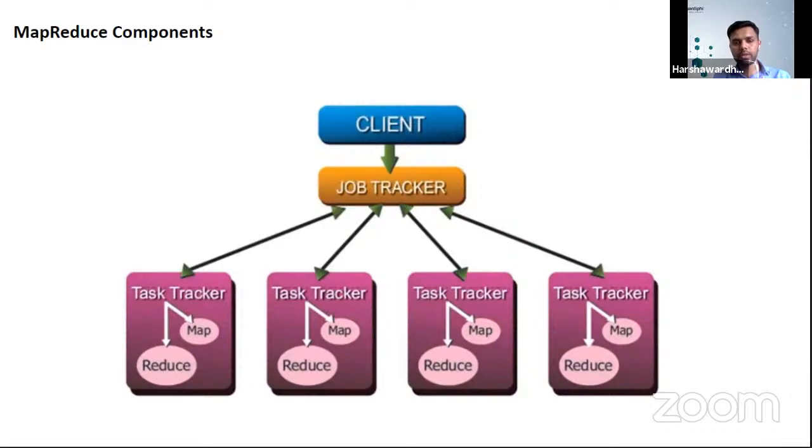What is the location of the job tracker? And where are these task trackers running? One thing you guys have understood is MapReduce is used for processing, right? It is the processing component of Hadoop. Then who is going to process the data actually? Job tracker or task tracker? Task trackers are going to process the data because they are the slave daemons of MapReduce.